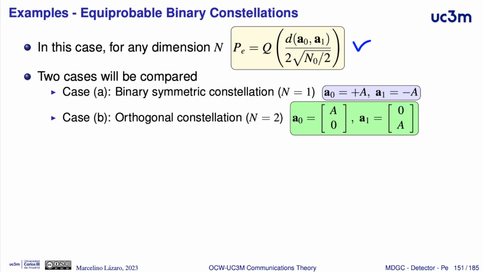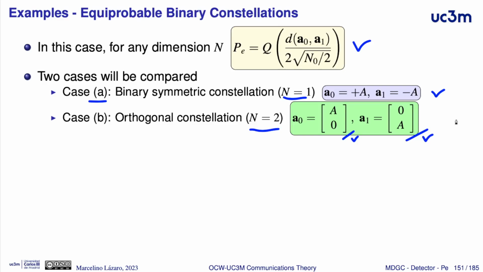Here we consider a one-dimensional constellation, case A, with two symbols with coordinates plus A and minus A respectively, and an orthogonal constellation with dimension now 2 and with coordinates A0 and 0A respectively.